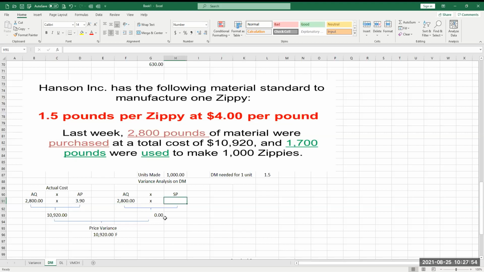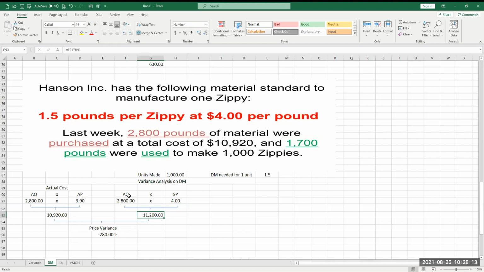Do I know my standard price? Sorry, my standard price per pound is $4.